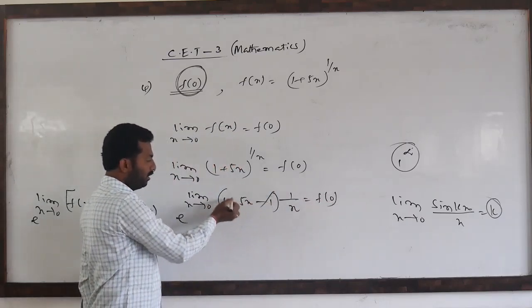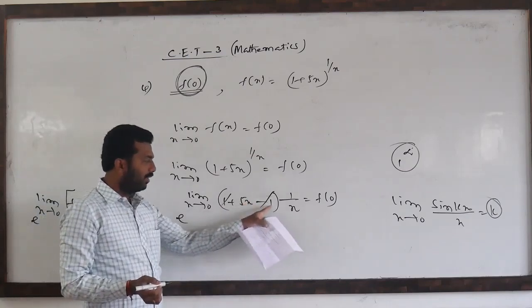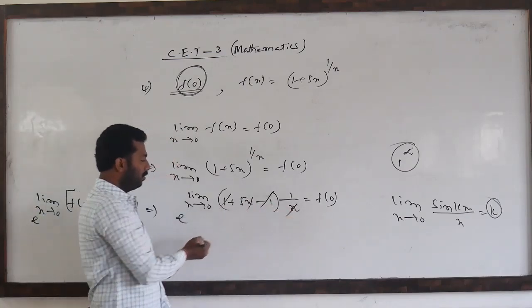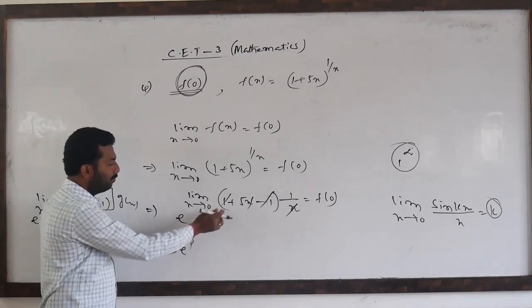Very clear? Minus 1 plus 1 cancel. Again 5x by x, the x also goes. So finally e to the power 5.